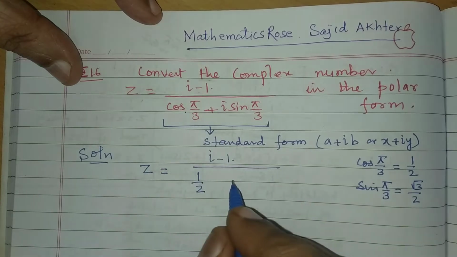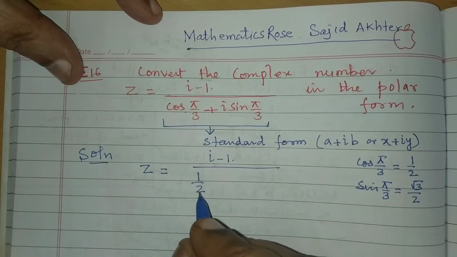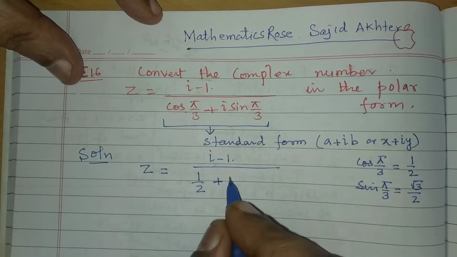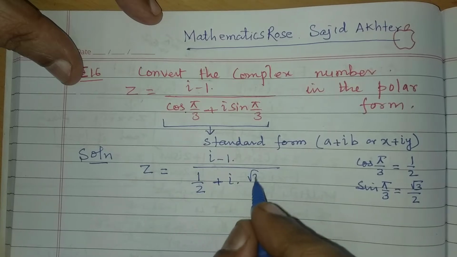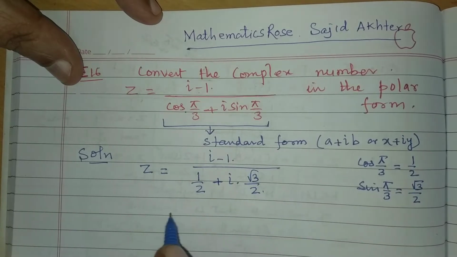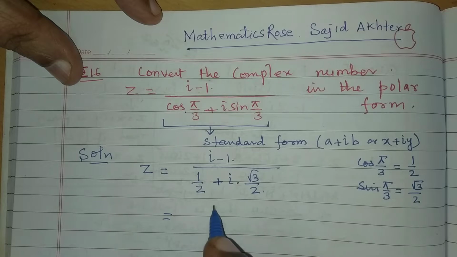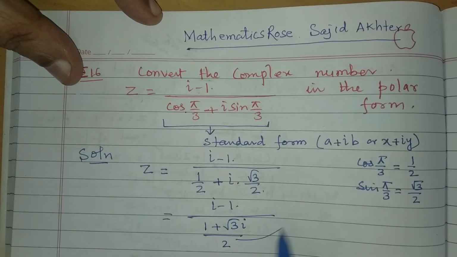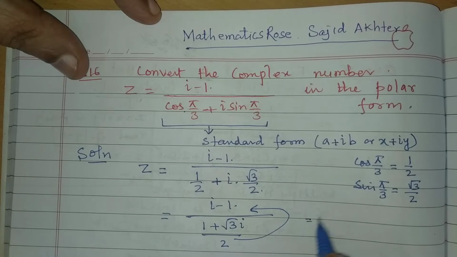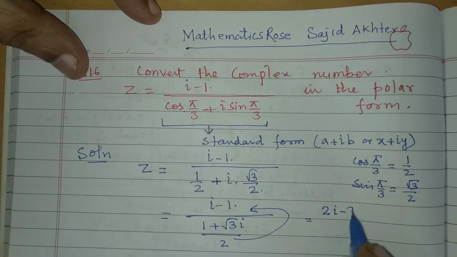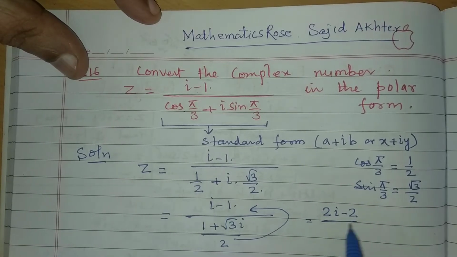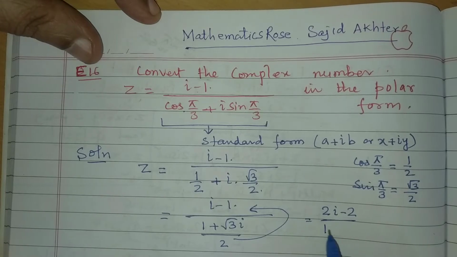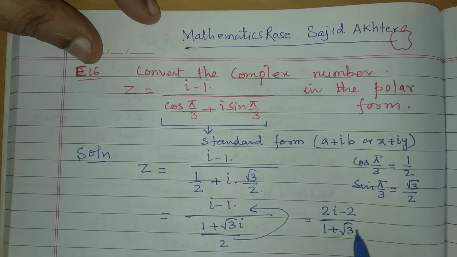In place of cos pi by 3 we write 1 by 2, and then i into root 3 by 2. Now we take the LCM in the denominator, so (1 plus root 3i) divided by 2, and this 2 comes to the numerator. So 2i minus 2, I am multiplying each term of the numerator, over 1 plus root 3i.